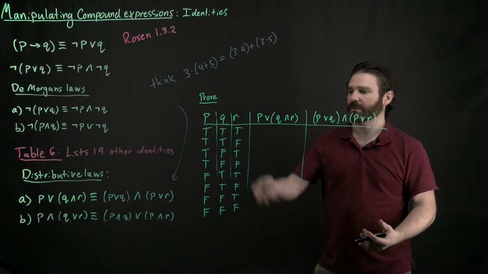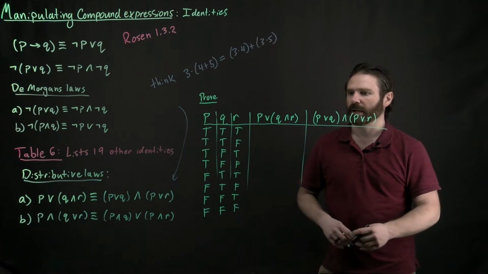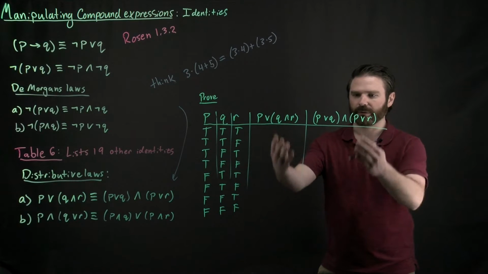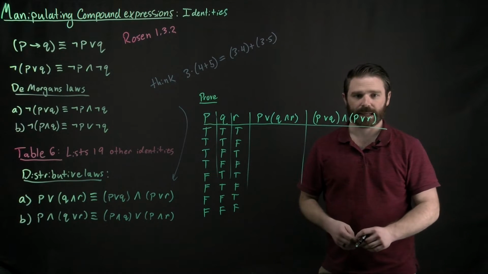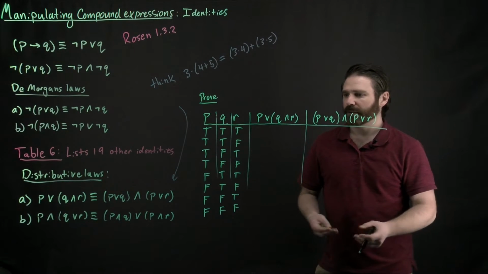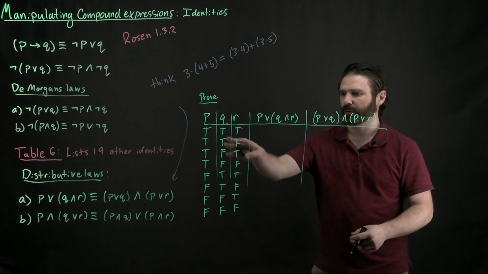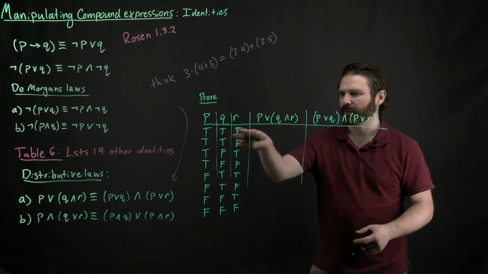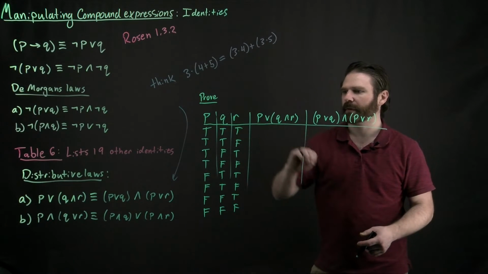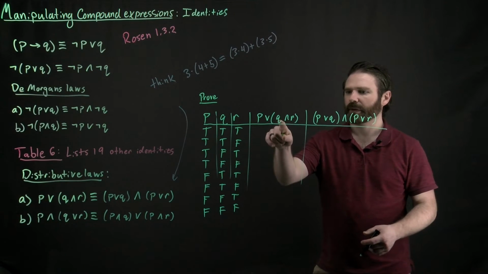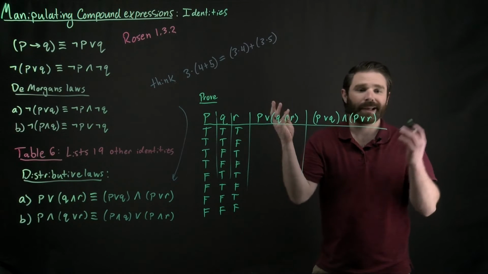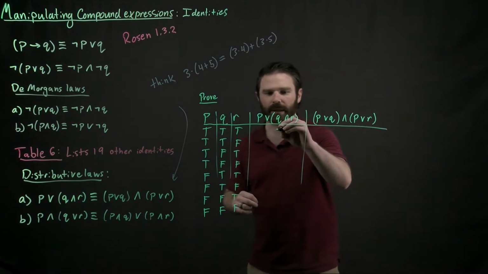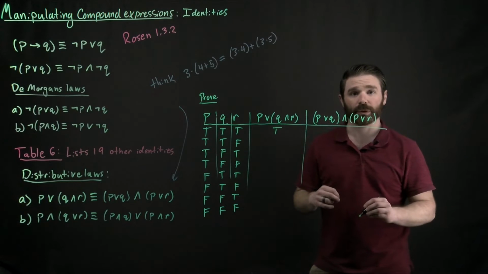What we'd have to do is go through and look at the truth value of each one of these and verify that these are the same. And so you can go ahead and do that if you wanted to. So for example, let's just do a couple of the rows right here, just for the fun of it. In this very first row right here, all of my variables are true. We have a true or, so I don't even care about that part because I know that is automatically going to be true.